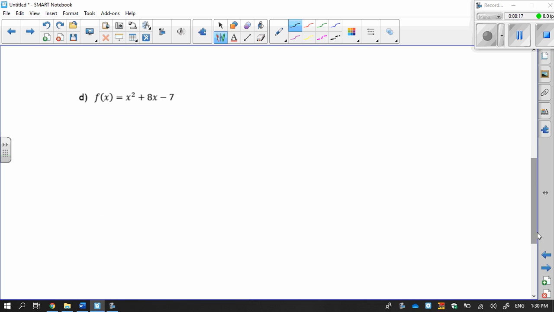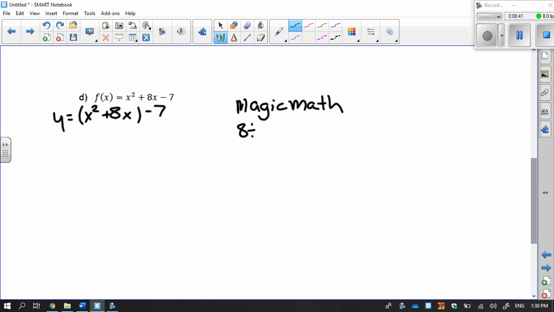This one looks just like the first one. Pause, take some time, try it yourself, come back and check what's happening. So y is equal to bracket x squared plus 8x close bracket minus 7, magic math. 8 divided by 2 gives us 4, squared gives us 16.